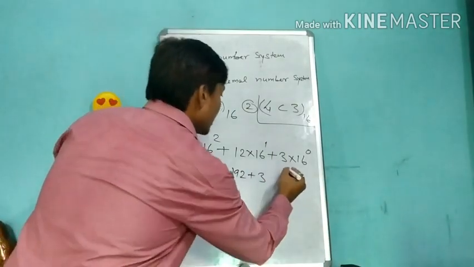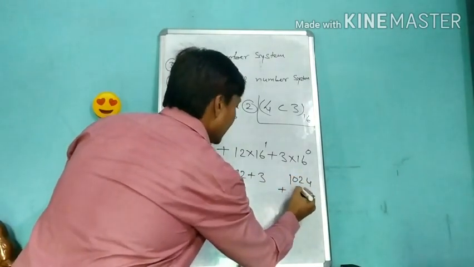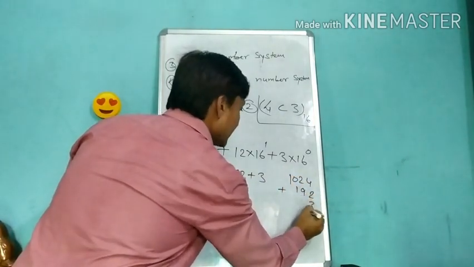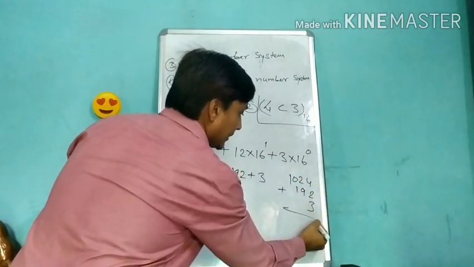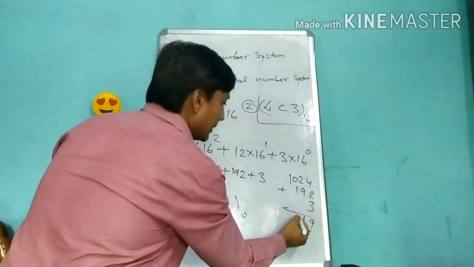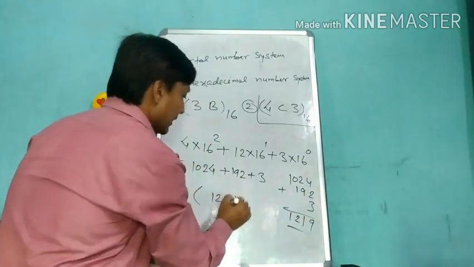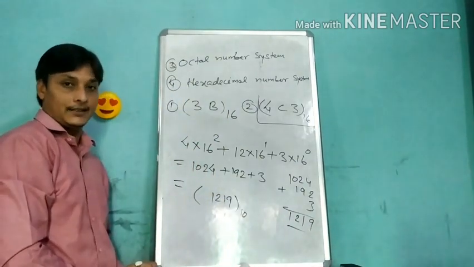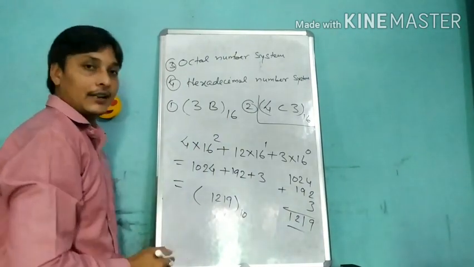We will get 1024 plus 192 plus 3. So add this: 4 plus 2 plus 3, 9. 9 plus 2, 11, and carry 1. 1 plus 1, 2. And this one, 1, 2, 1, 9. It would be your decimal equivalent. Fine?